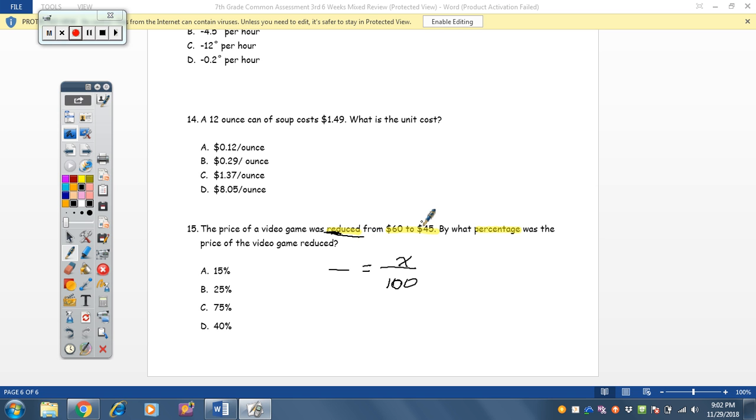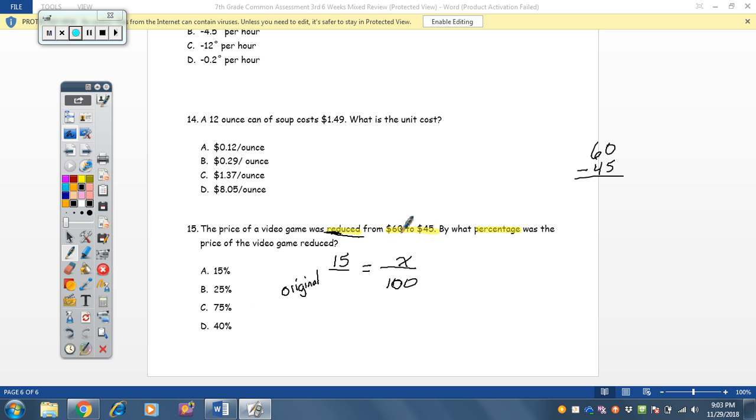Did it reduce $60 or $45? Neither one. It went from 60 to 45. So you're going to subtract. And that number goes here. If you did all that right and you still got it wrong, you may have used the wrong original. Original goes down here. What's the original number?